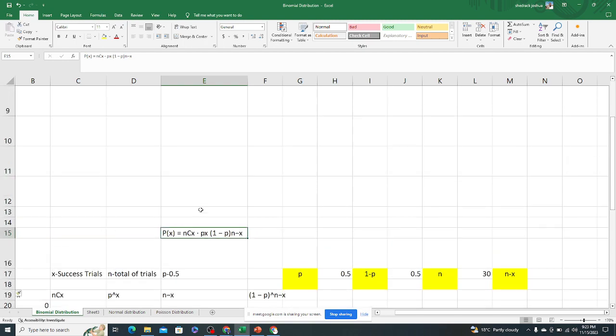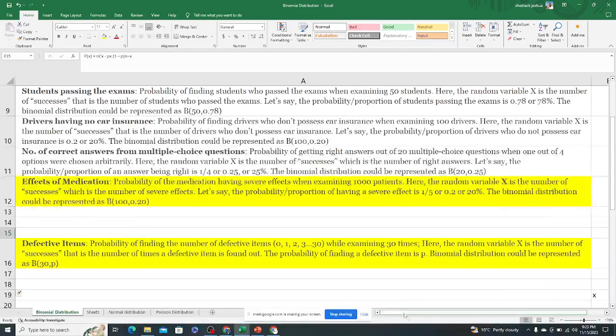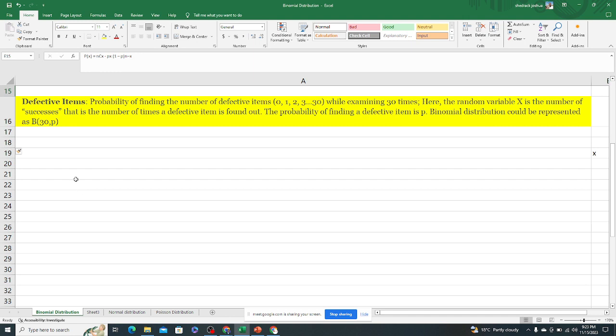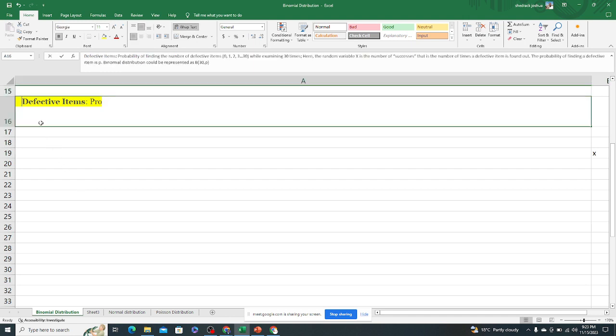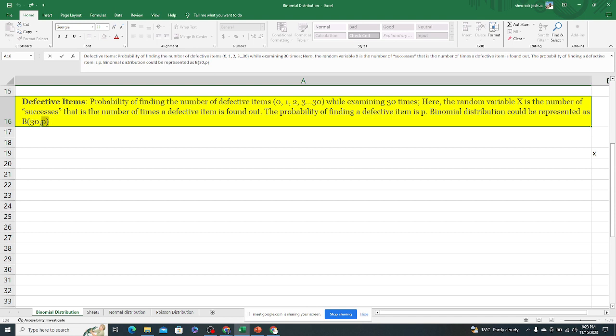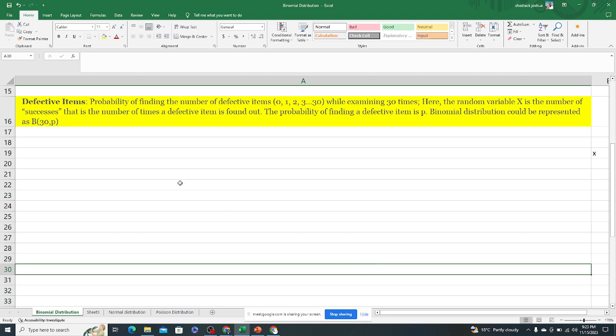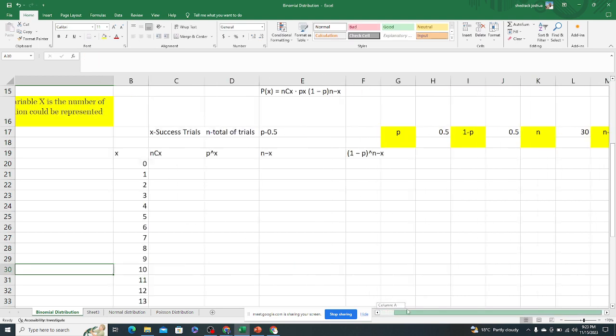Remember our question is to find the probability that all the 30 trials will be successful, given a probability of p. So that's what we are trying to check.